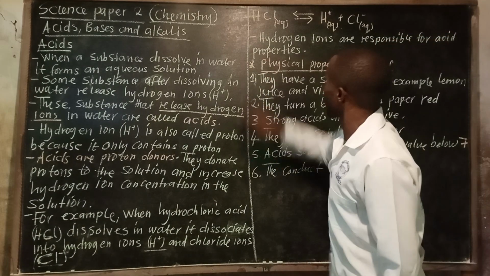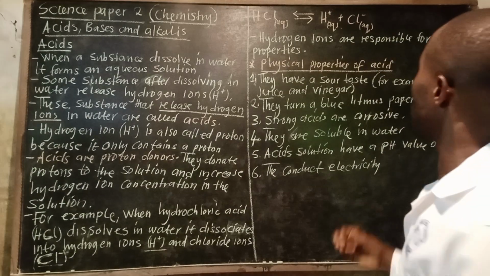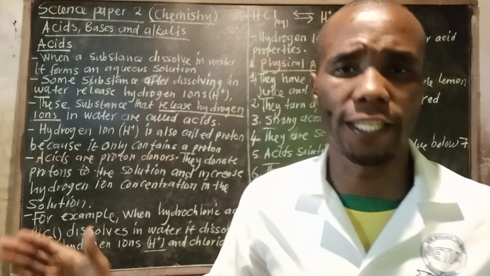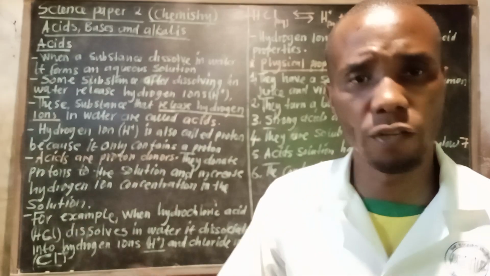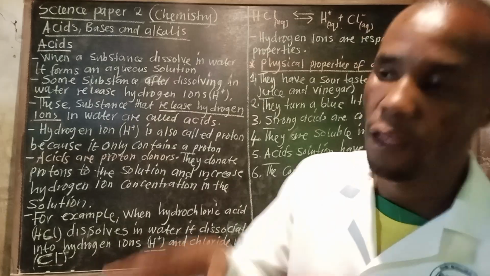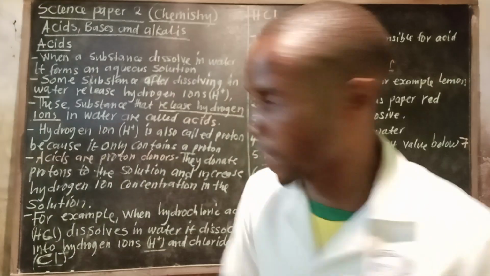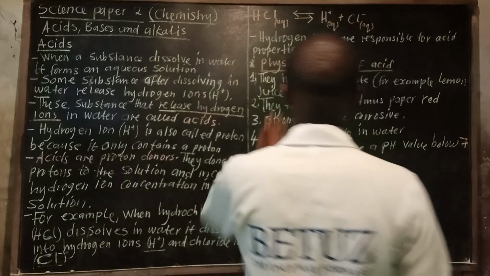Then the next point: hydrogen ions are responsible for acid properties. So you'll be able to tell that this is an acid once you see the hydrogen ions given out.